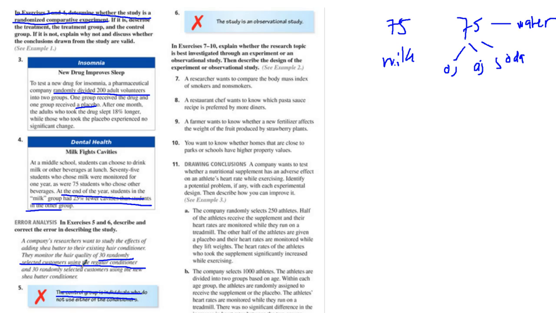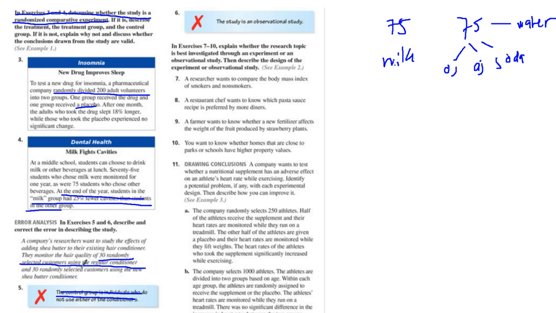It's a little complicated. Exercises 7 through 10: explain whether the research topic is best done through an experiment or an observational study. A researcher wants to compare the body mass index of smokers and non-smokers. Observational study, because people who don't smoke don't want to smoke, right? A restaurant chef wants to know which pasta sauce recipe is preferred by more diners.